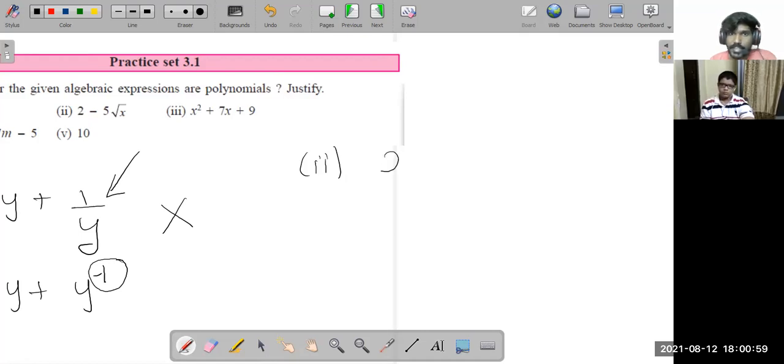Second one, 2 minus 5 root x. Is this a polynomial? I told you something about root. What will be the power?